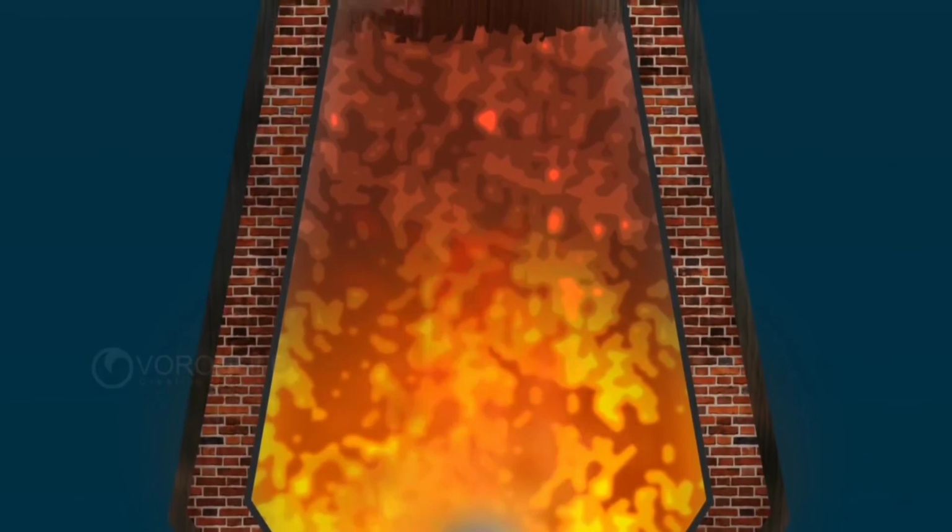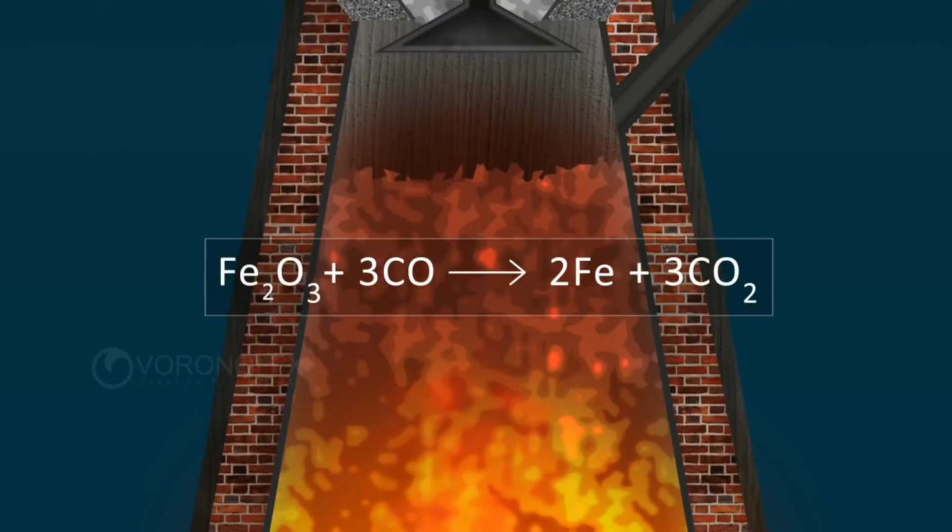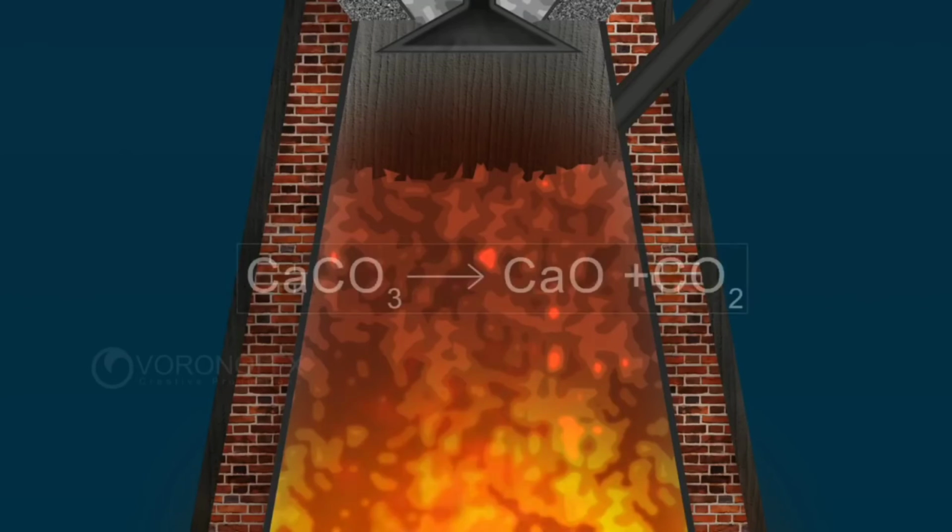Carbon monoxide formed in the furnace reduces the ore. Fe2O3 on reaction with 3CO forms 2Fe and 3CO2. At high temperature, calcium carbonate decomposes to form calcium oxide and carbon dioxide. CaCO3 forms CaO and CO2.